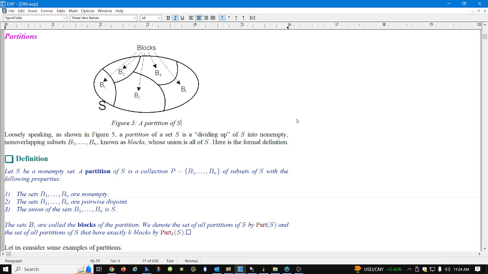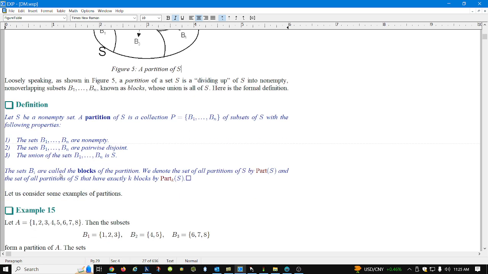Loosely speaking, as you can see in this figure, a partition of a set S is a dividing up of S into non-empty, non-overlapping subsets, which are called blocks of the partition. And the union of the blocks has to be all of S.